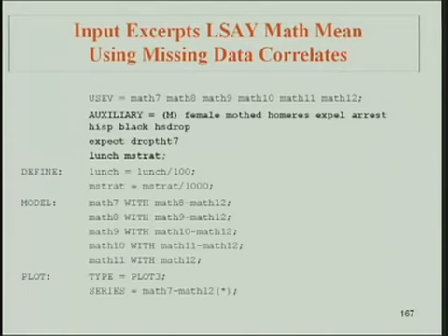Here is an input excerpt. It's truncated. We don't have the top of the input as we usually do, but you're now advanced and can follow this anyway. So it's right under the use variable list, use in the model math 7, 8, 9, 10.